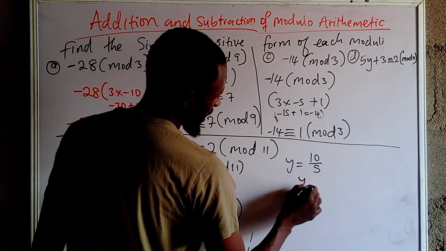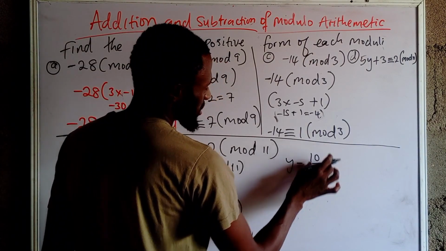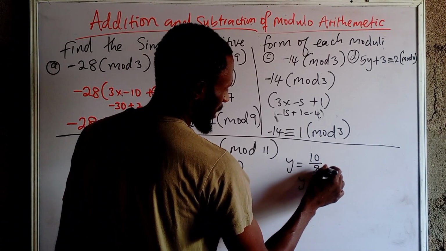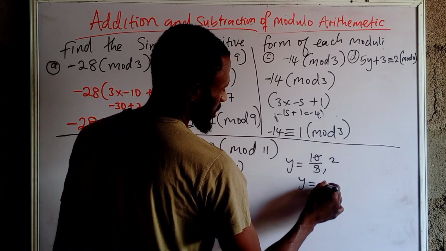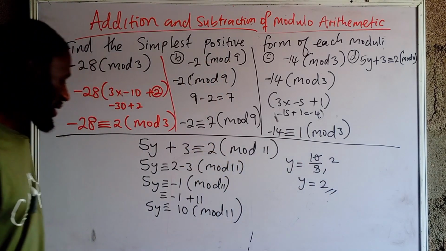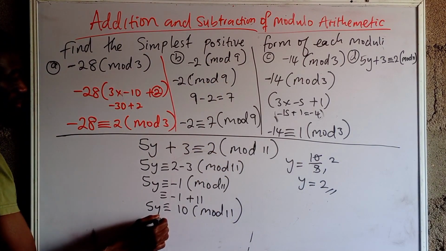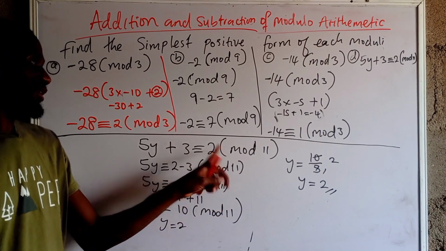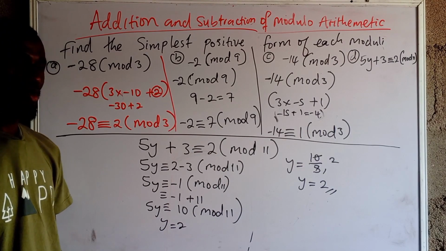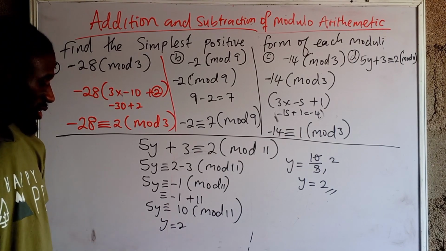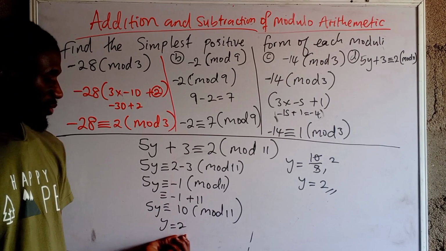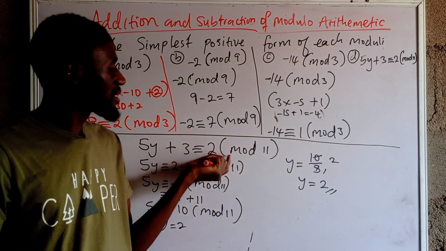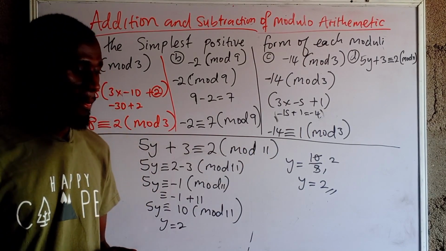The value of y here will be 2. Therefore, y is equal to 2. Don't forget, this is just an equation of modular arithmetic. You may be asked to find the number inside the modulo.